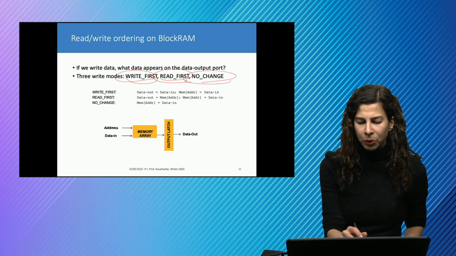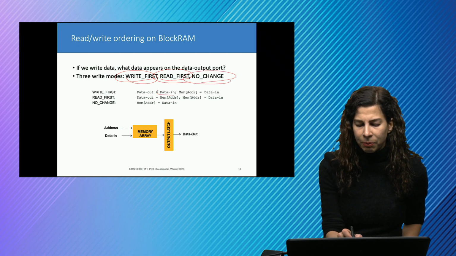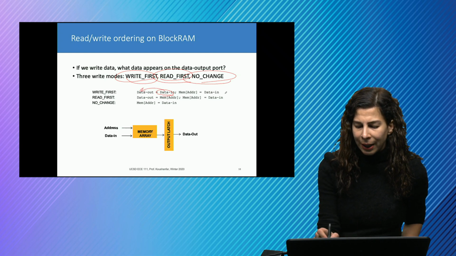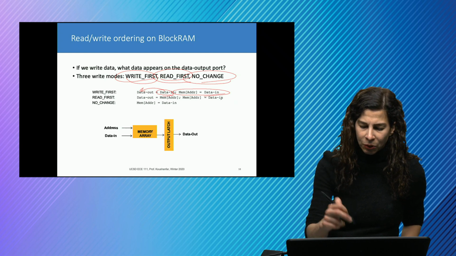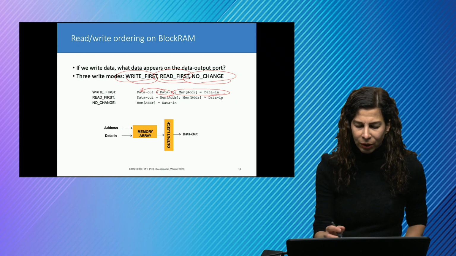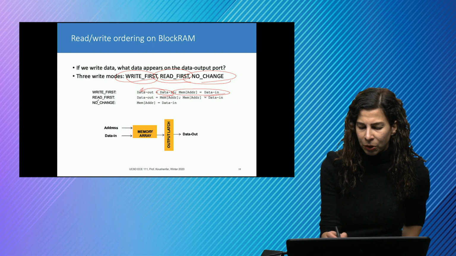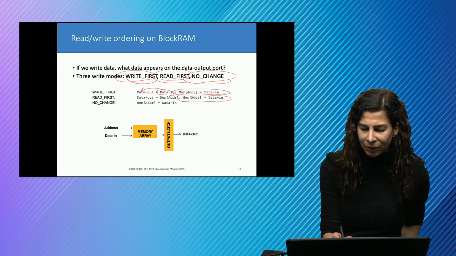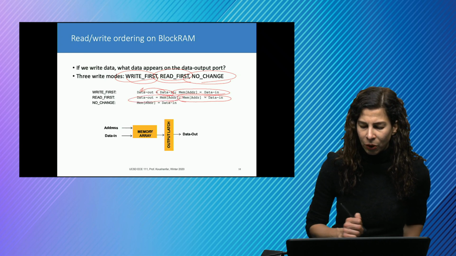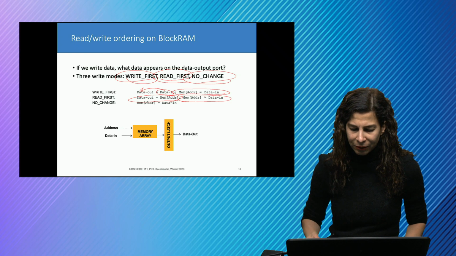In the write first mode, the input data is going to be assigned to the data out, and the data in is going to go to that memory address. In the read first mode, the data out is going to read the memory address, and the data in is going to go to the memory address.